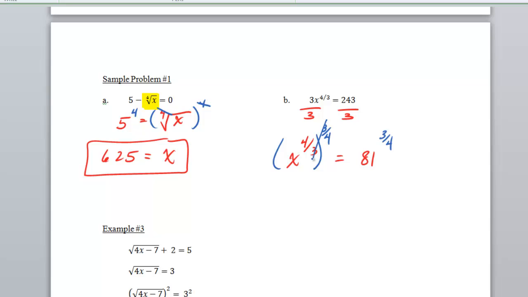Now, those 3's cancel out, those 4's cancel out, leaving you a 1. So I'm going to have 81 to the 3/4 power. Again, you can use your calculator for this, and if you punch that straight into your calculator, you'll get x is equal to 27. So that's the first sample problem using roots and rational exponents and powers to solve radical equations.